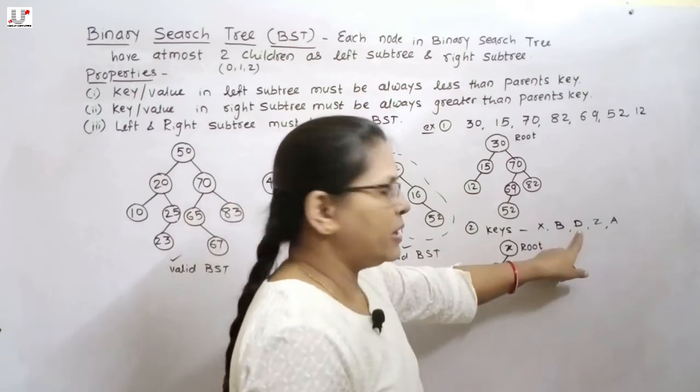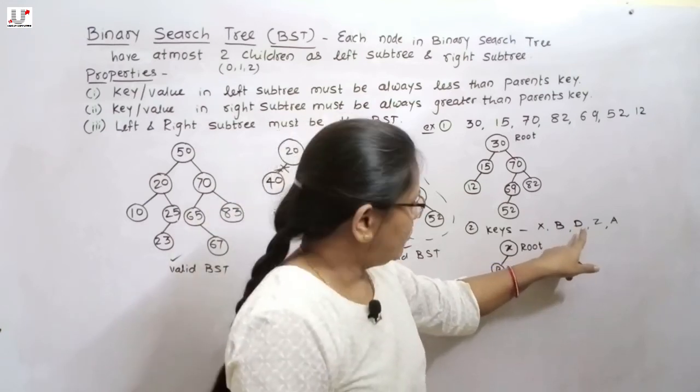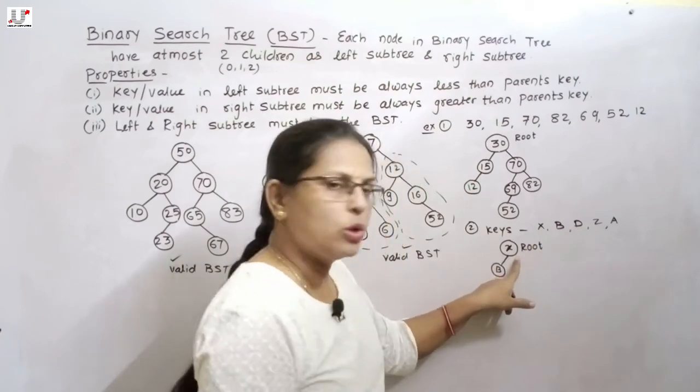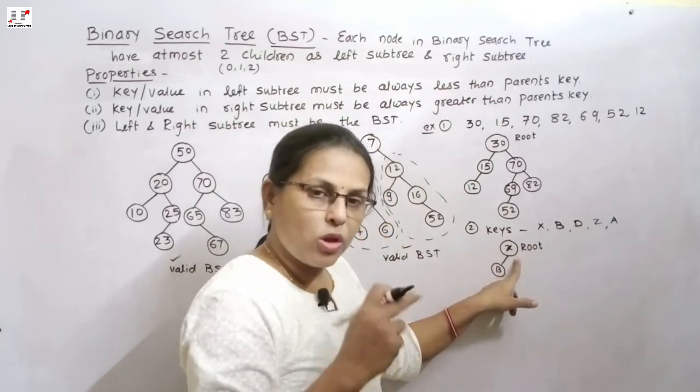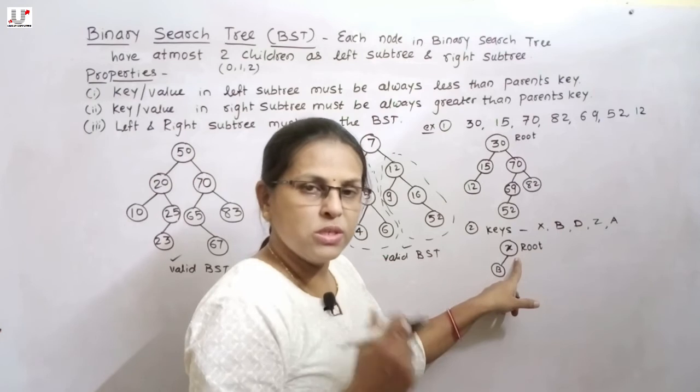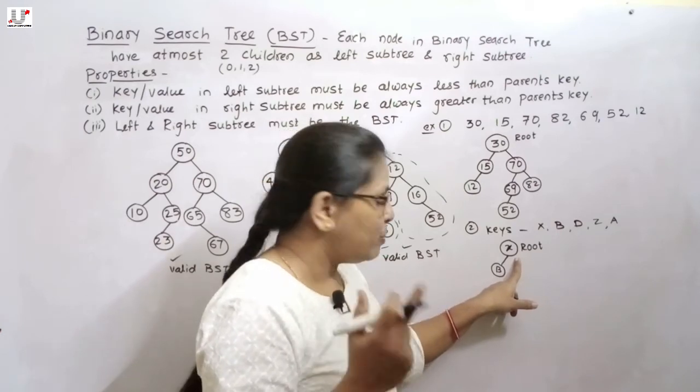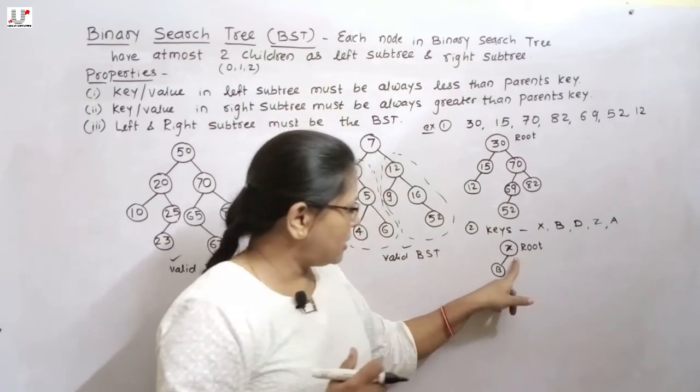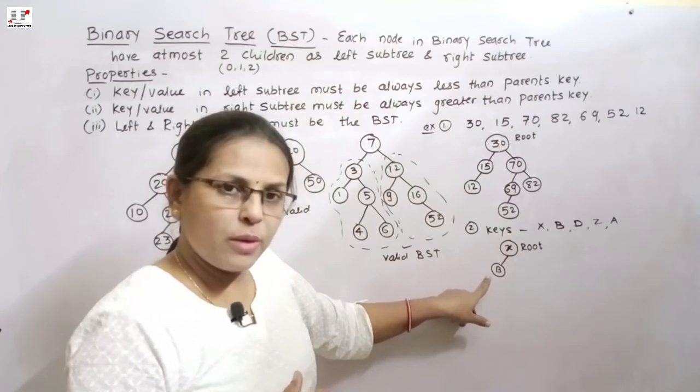Then the next element is D. First D gets compared with the root. It is smaller than the root node because D appears before X. Then it moves to the left subtree.